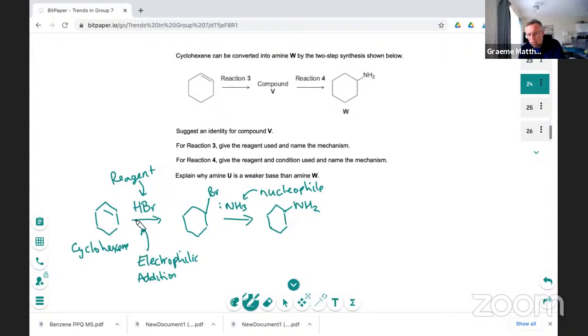That was your year 12 alkenes. So right there, reaction 3, done: reagent HBr, mechanism electrophilic addition.